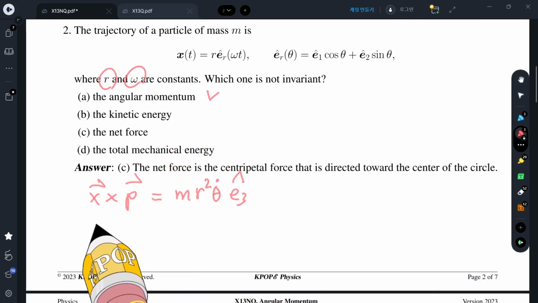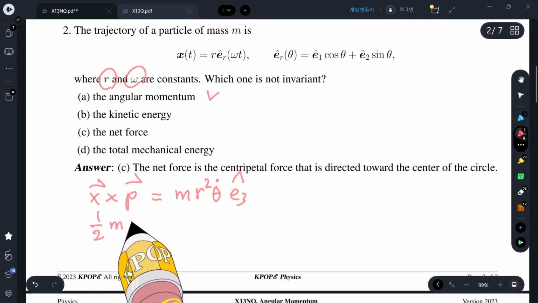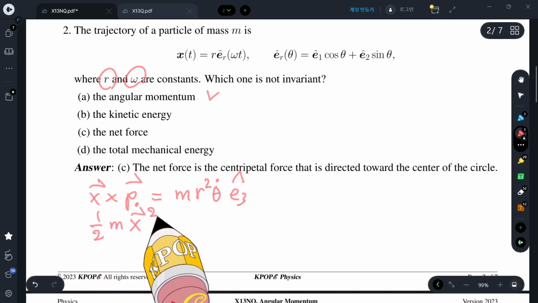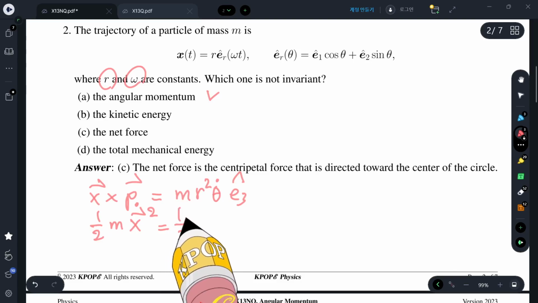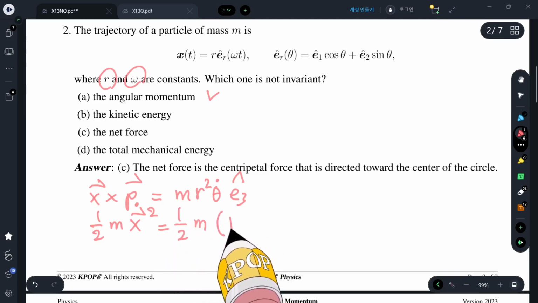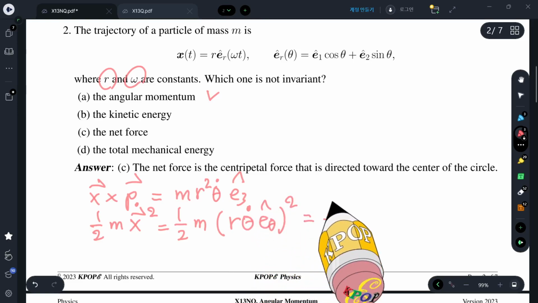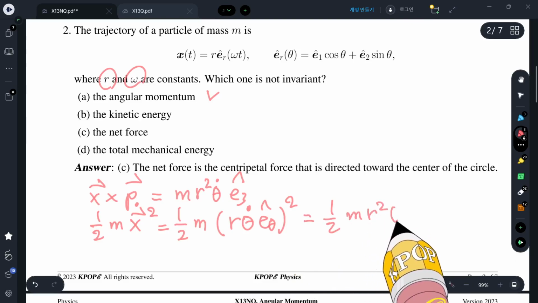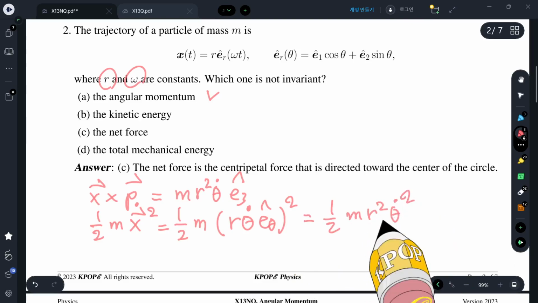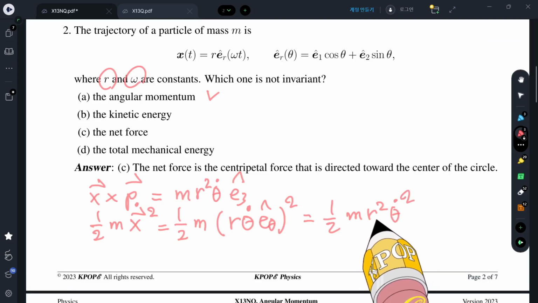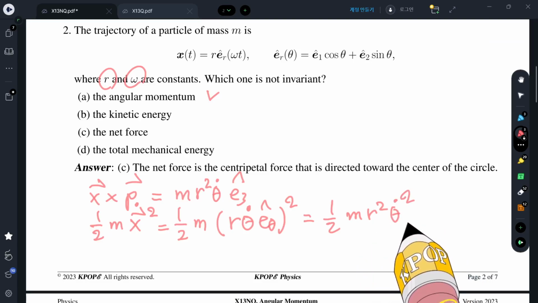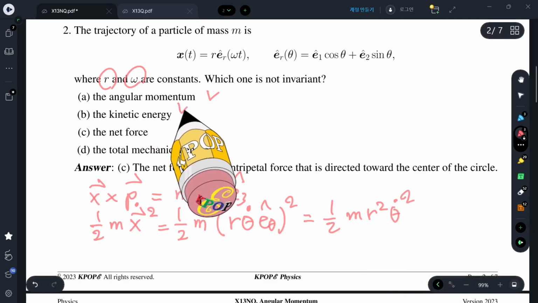Kinetic energy, one half m v squared, but that is one half m times r theta dot e_theta squared, one half m r squared theta dot squared. By the way, r theta dot is constant, so it is also constant.